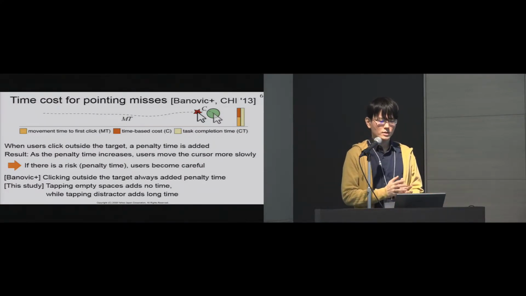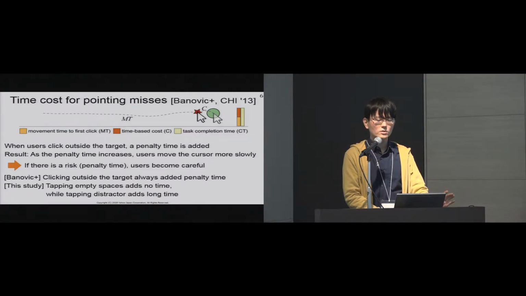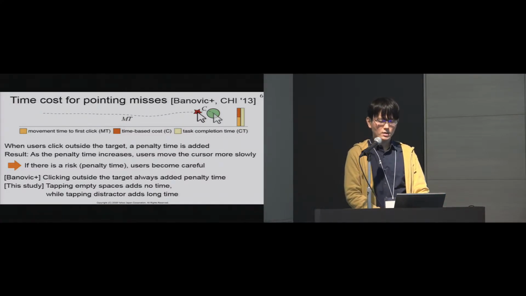The idea of adding penalty times comes from this related work on time cost for pointing misses. In this task, when users click outside the target, the mouse cursor disappears, and users have to wait for a given penalty time to be over.